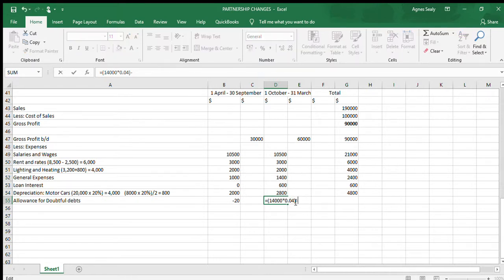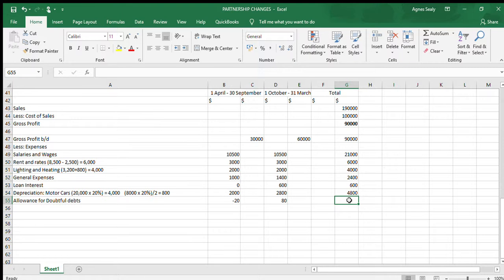So this is minus 480, which gives us an increase. So our allowance for doubtful debts increased between October 1st and March 31st by $80. Our allowance for doubtful debts decreased between 1st of April and the 30th of September by $20.